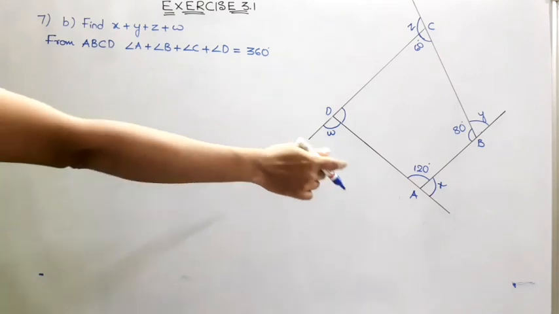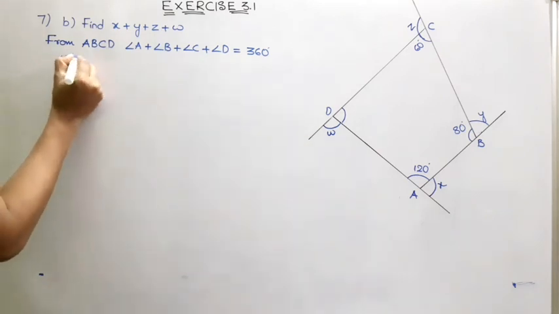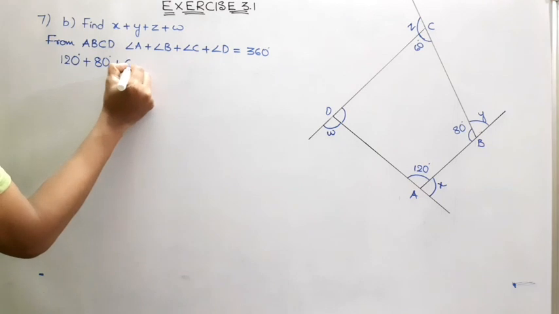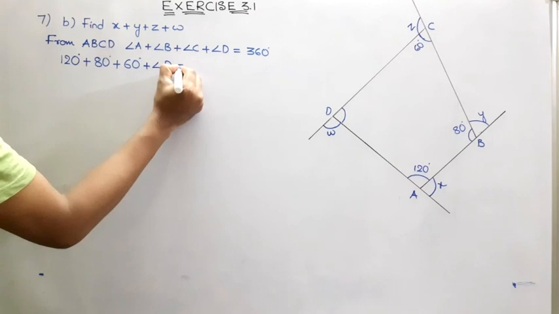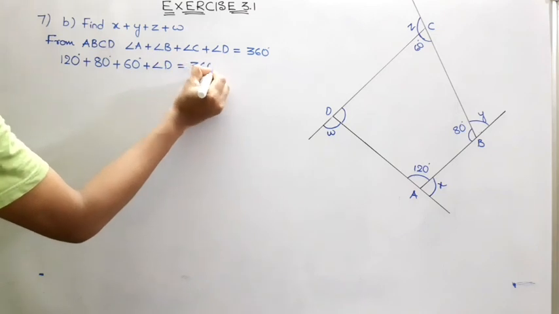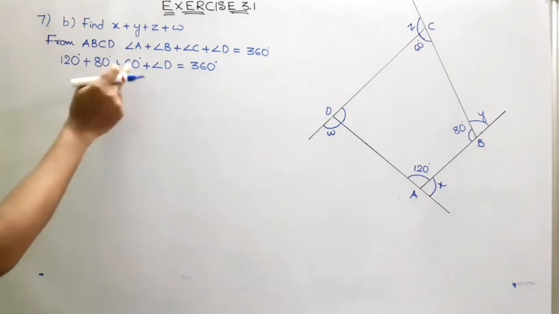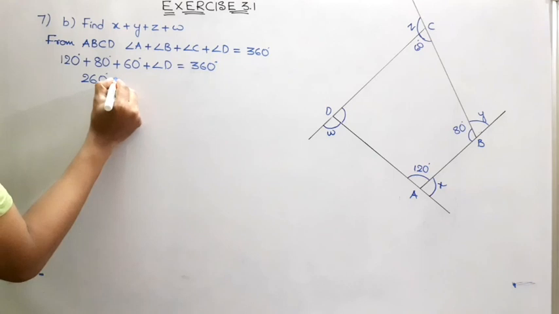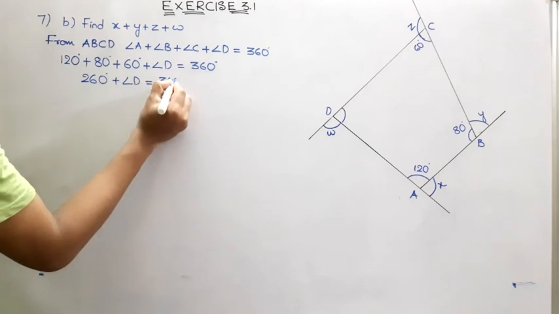We already have the angle measure for angle A as 120 degrees, plus angle B as 80 degrees, plus angle C as 60 degrees, and we want to know the angle measure of angle D. So let us keep it as angle D itself. 120 plus 80 is 200, 200 plus 60 is 260 degrees, plus angle D is equal to 360 degrees.